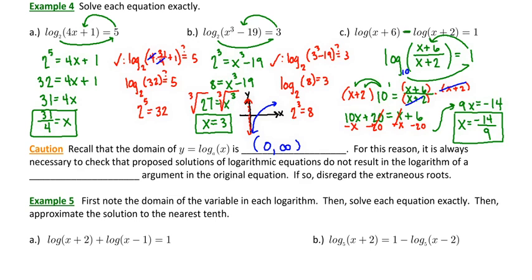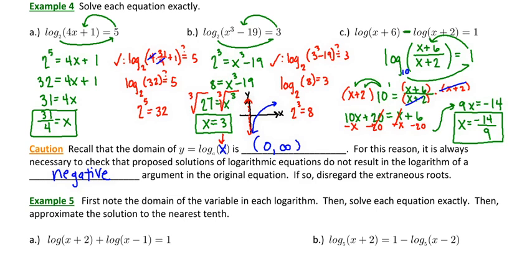So the domain is from 0 to infinity. So this interval, 0 to infinity, is placing a restriction on x. So for this reason, it is always necessary to check that proposed solutions of logarithmic equations do not result in the logarithm of a negative argument in the original equation. Remember, this argument has to attain a value between 0 and infinity. If it does create a negative argument, we just disregard the answer as an extraneous root.